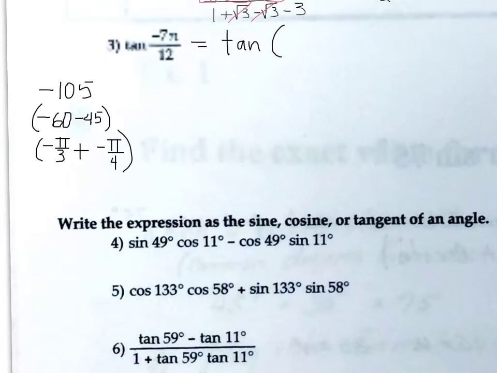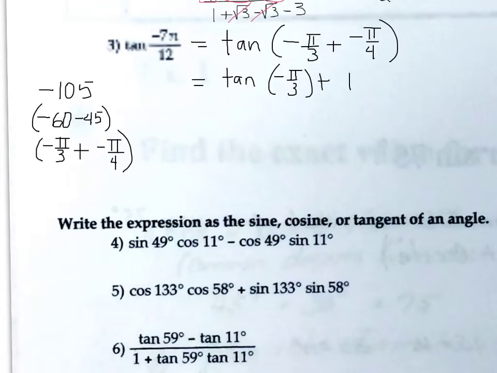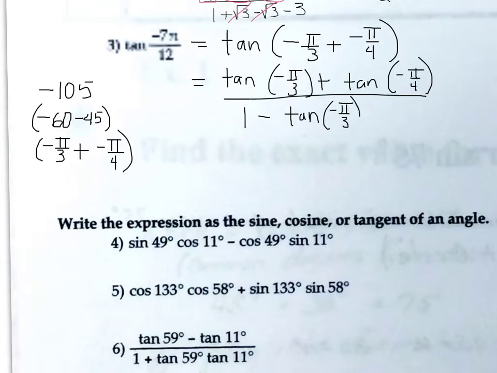Okay, so then tangent, let me just rewrite that, of negative pi over 3 plus negative pi over 4. When I follow the formula, that's the same thing as tangent of u, which is negative pi over 3, plus tangent of v, and v is negative pi over 4, all over 1 minus the product of tangent of u times tangent of v.